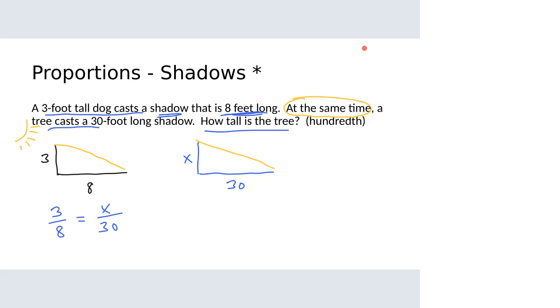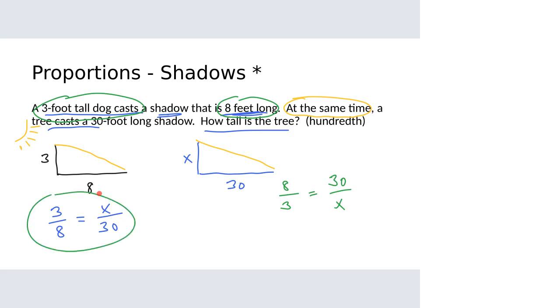I'm going to say, all right, I've got an 8-foot-long shadow I'm going to put on top, and my 3-foot-tall dog, the height of the dog, I'm going to put on the bottom. This time I put the shadow on top and the height of the dog on the bottom. So I'm going to put the shadow of the tree on top and the height of the tree on the bottom. It's going to work either way. Most of you probably did this just because that's the order they were given to you in the problem.